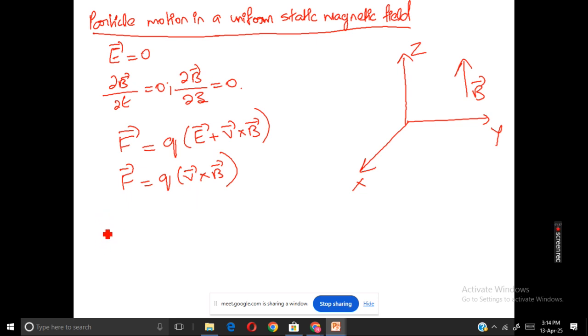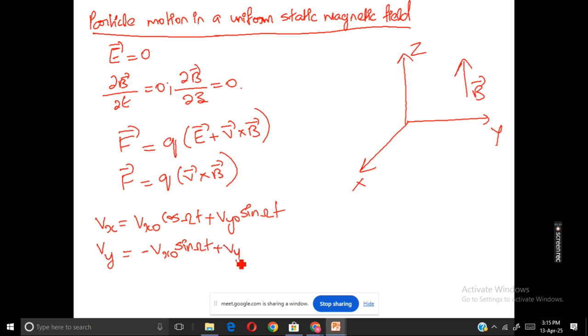Vx is equal to Vx0 cos omega t plus Vy0 sin omega t, and along the y direction Vy is given by minus Vx0 sin omega t plus Vy0 cos omega t, and Vz will be Vz0.